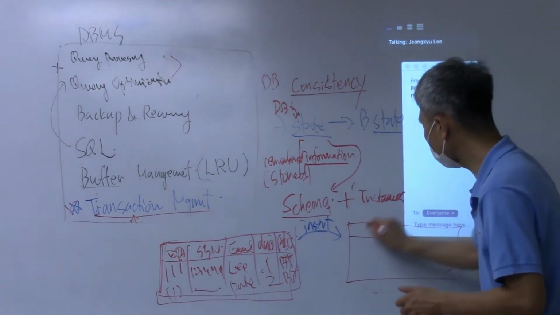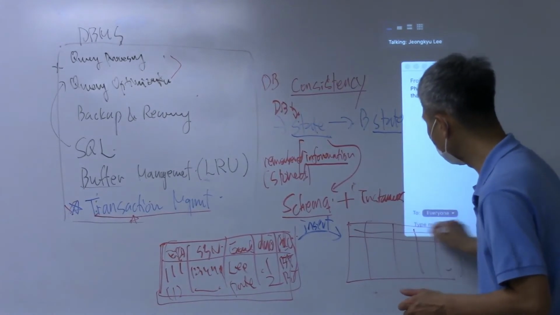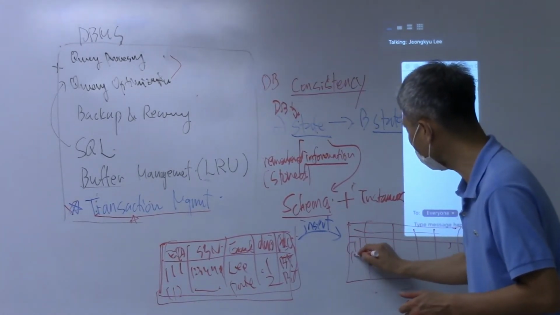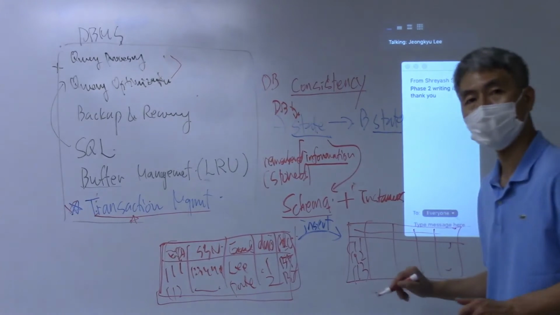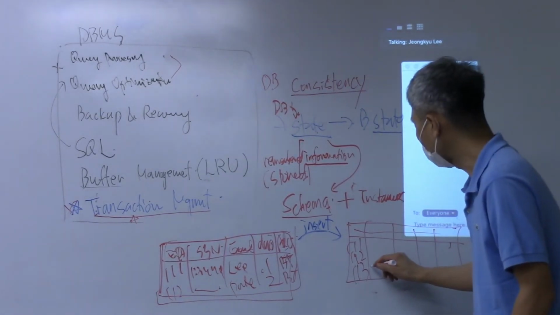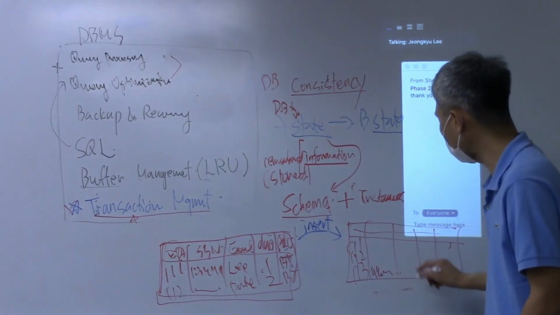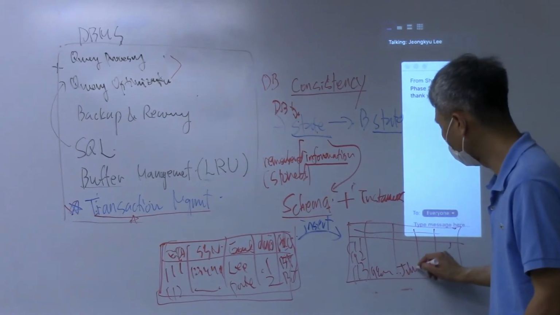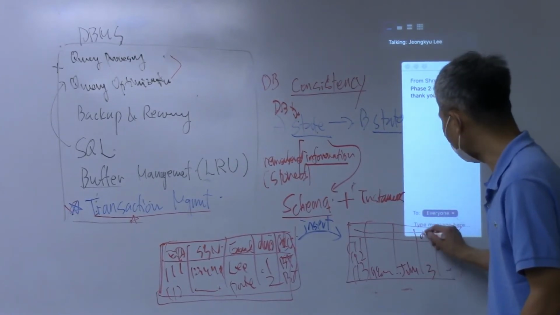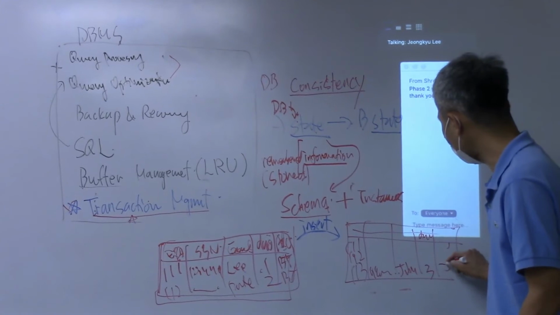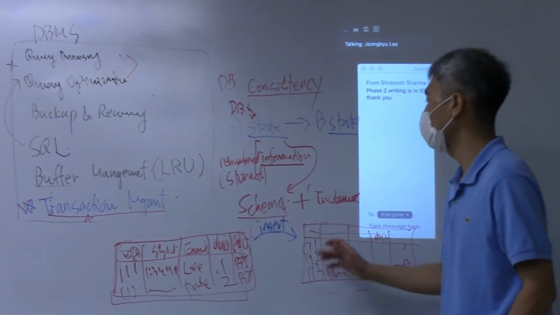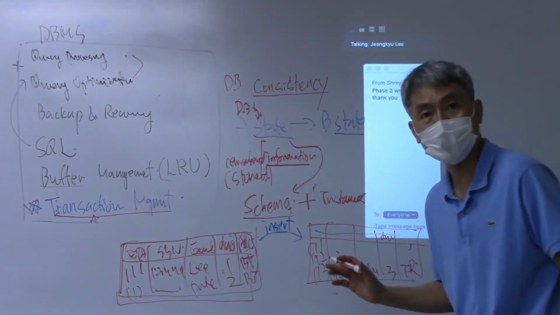Like this. So same schema and 111, 112, 113 is inserted. Okay? So 987 blah blah blah and John, DNO is 3 and it's a Tremor. This is another database state.